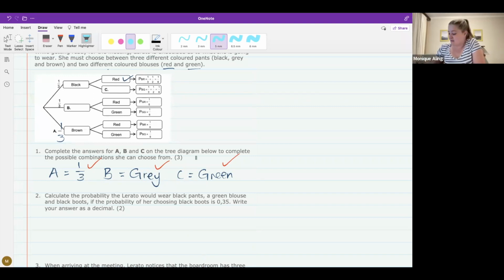So getting black pants and a green blouse, that is all fine and well. Black pants, green blouse is over here, black, green. So this would be our outcome. But they don't mention boots, but they tell you the probability of boots. So what do you think we're going to do?